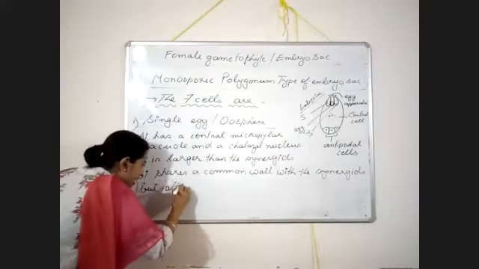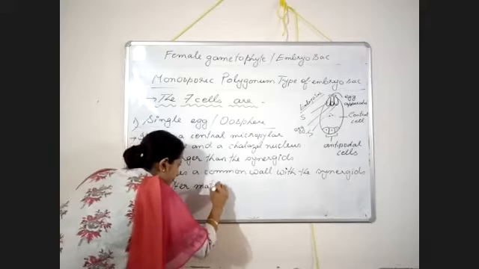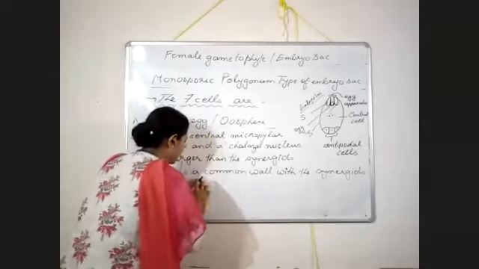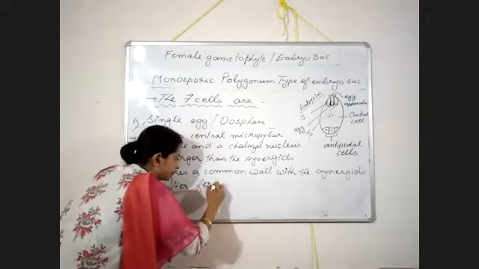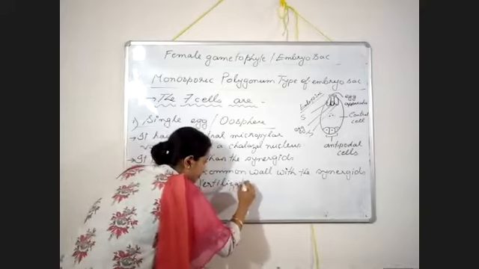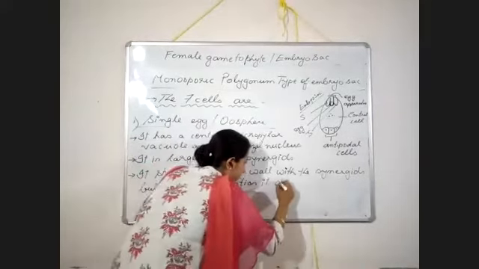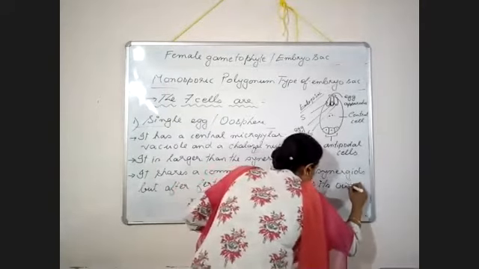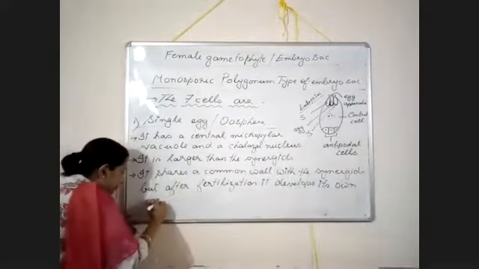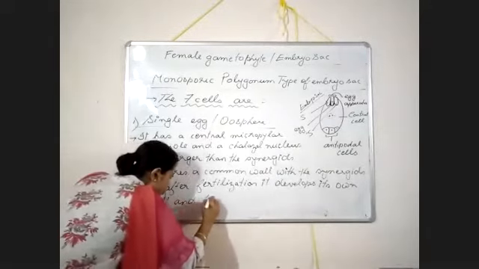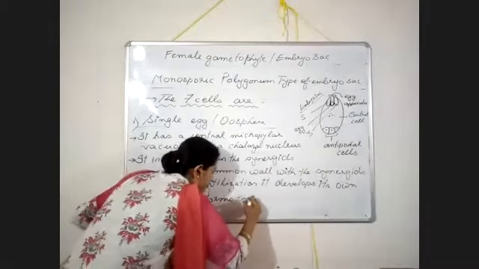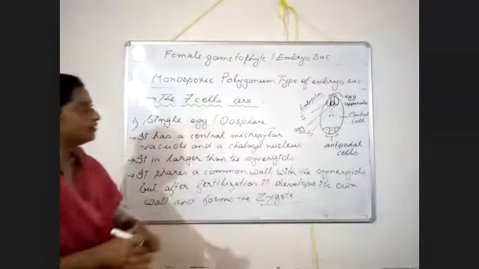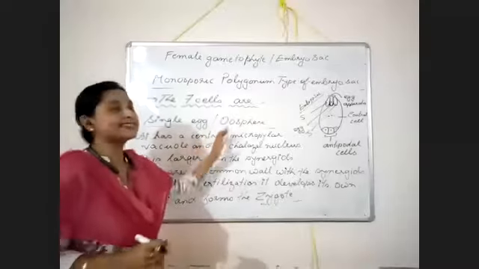But after maturation, or you can say after fertilization, it develops its own wall and forms the zygote. So the first cell we are discussing is the egg cell.